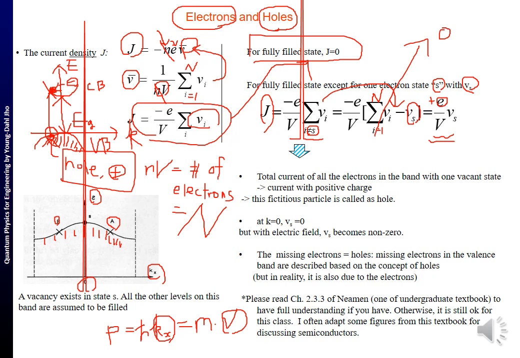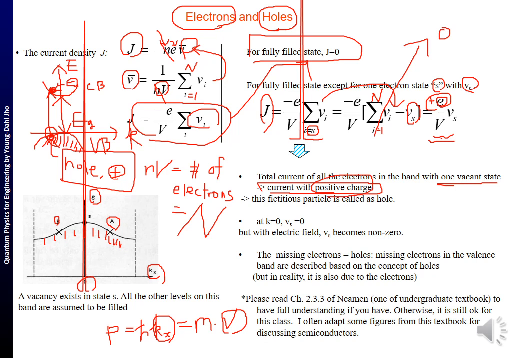So this is the current generated by a single positive charge, right? So the total current of all the electrons in the band with one vacant state is equal to the current with one positive charge.